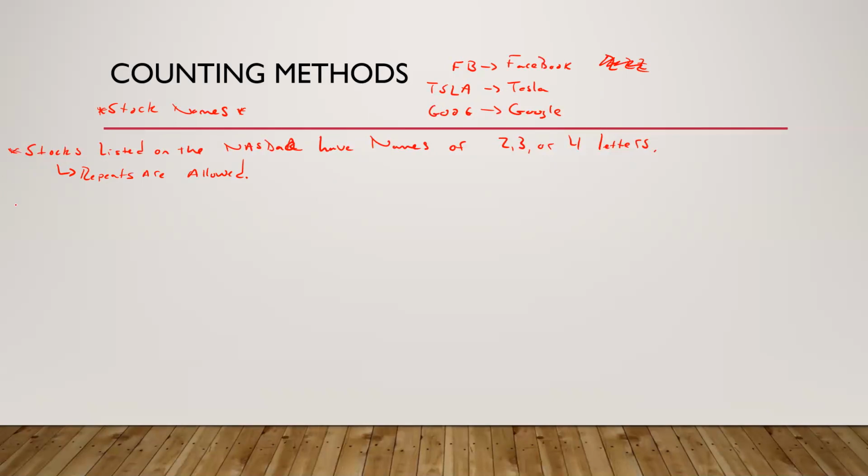So my question for you is this, and this will be our last question for today. How many total stocks could be listed on this NASDAQ? So we have to figure out how many total stocks could be listed on this exchange.